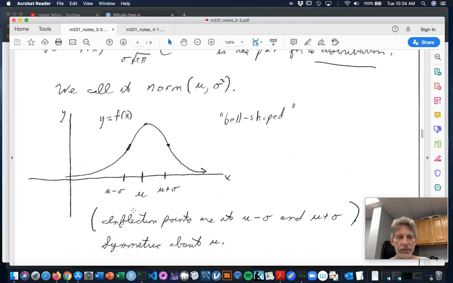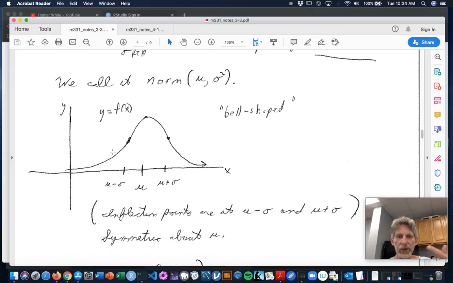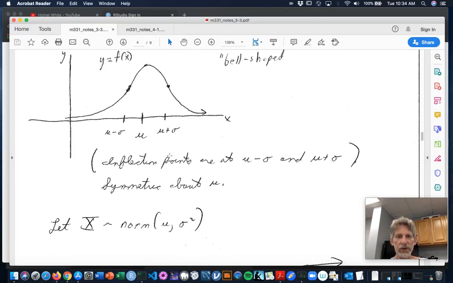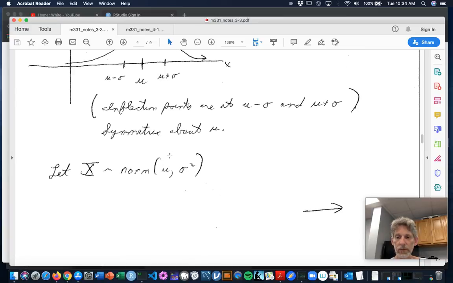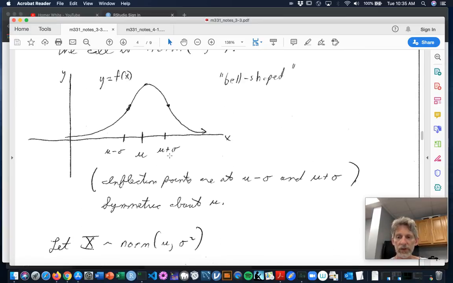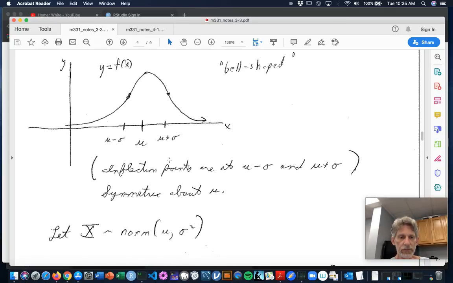And another thing that you can demonstrate using just calculus is that the inflection points are at mu minus sigma and mu plus sigma. That's actually an exercise in the textbook: take the second derivative, set it to 0, and find out that the values of x that make the second derivative 0 are indeed mu plus and minus sigma.